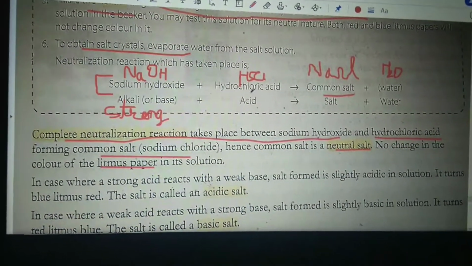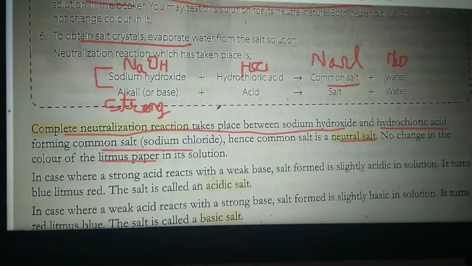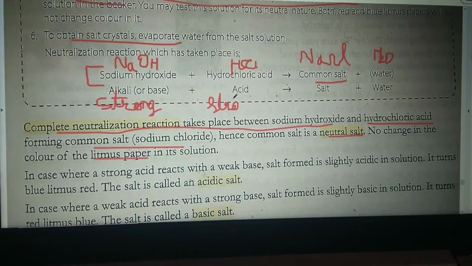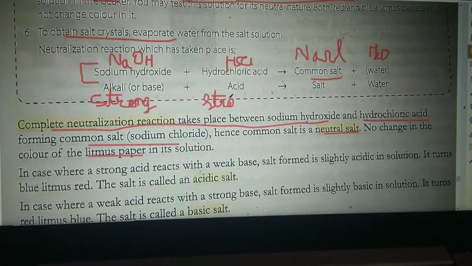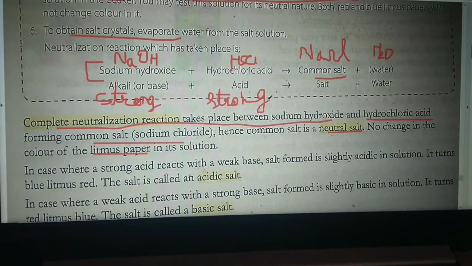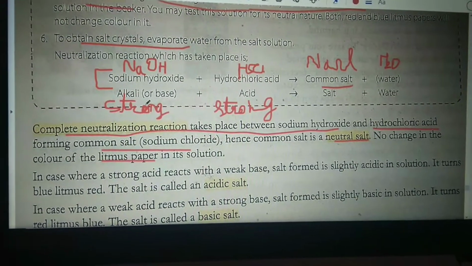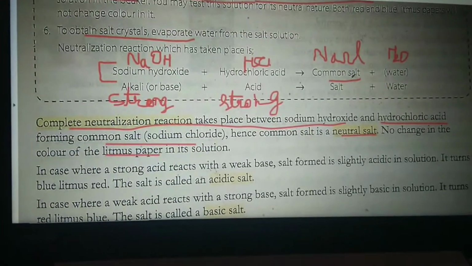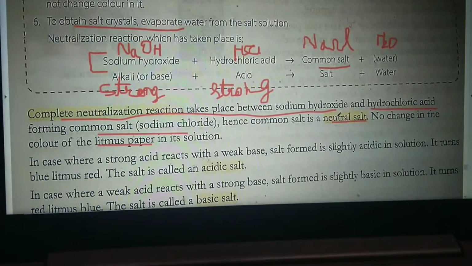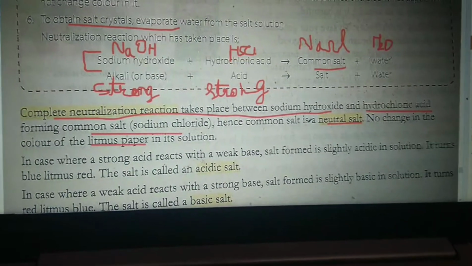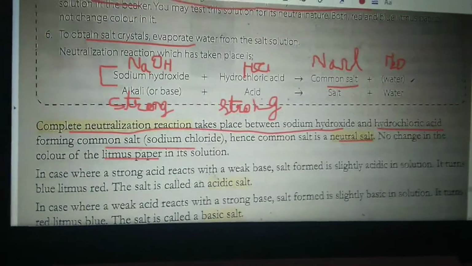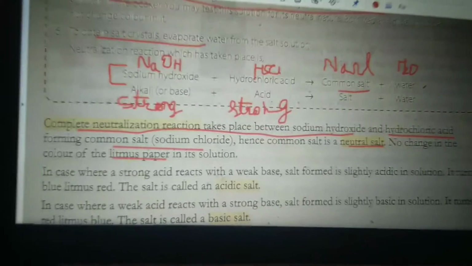Similarly, hydrochloric acid is also a strong acid. So when we combine a strong base with a strong acid, we get a neutral salt. This we can check with the help of litmus paper. The solution of salt and water doesn't change the color of litmus paper.